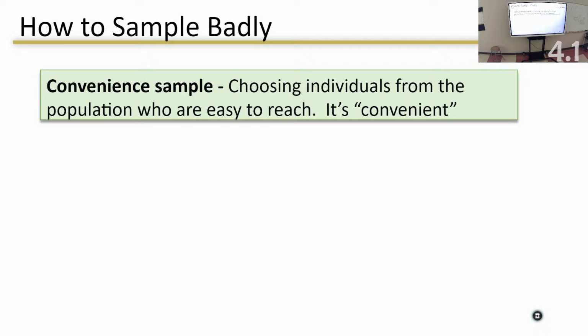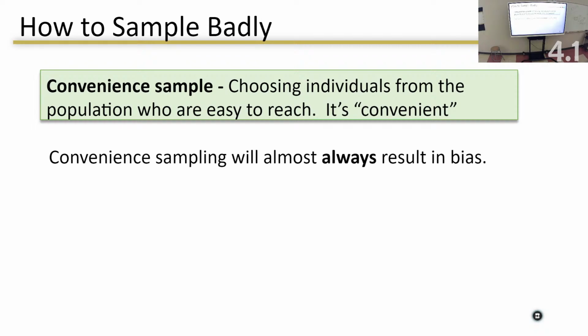It's convenient, right? If you go down to the cafeteria and I do something to a group of kids right there at that table, it's convenient. It always produces, I'm going to say always. How about almost always? Let's use those squishy words. Almost always results in bias. We don't like those concrete words in this class, guys.